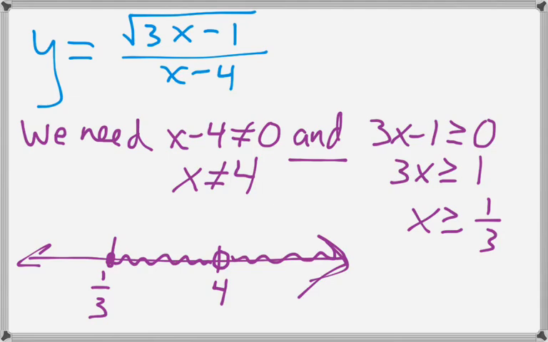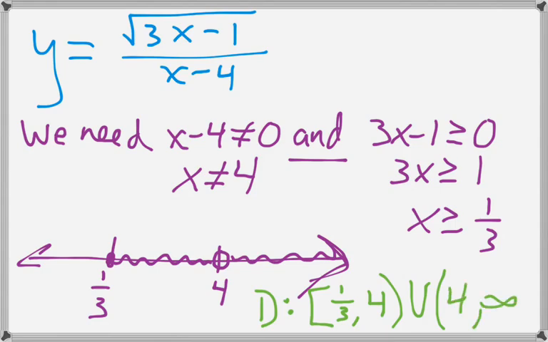So we will shade everything to the right of 1/3, except we have to skip over the number 4 because it would make the denominator 0. So our domain then needs to be written as a union of two intervals. All the numbers between 1/3 and 4, including the 1/3, but not including the 4, and then everything greater than 4.